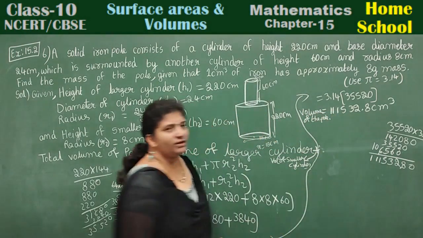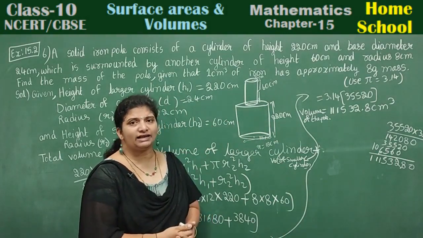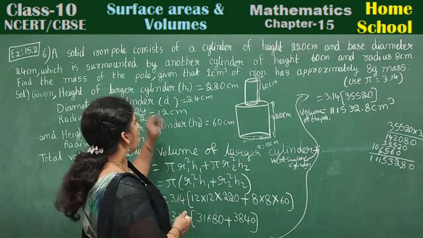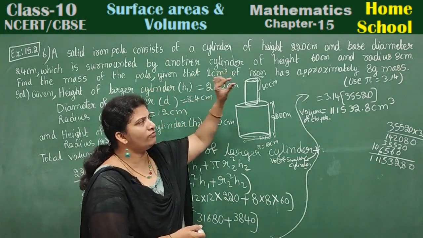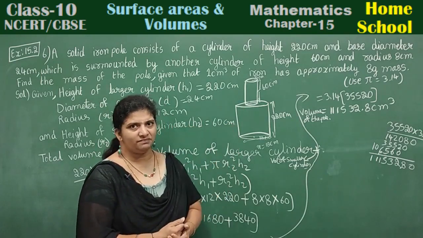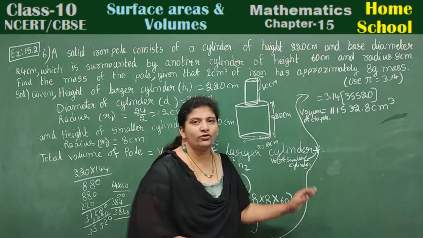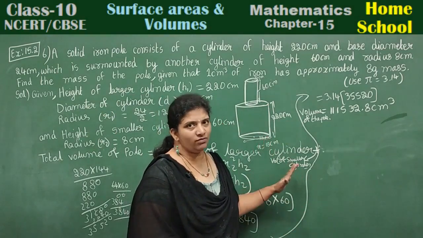Now, is the problem completed? No, it's not completed. Still, we need to calculate something. What is it? 1 cubic centimeter of iron has approximately 8 grams mass. Then what about this volume's mass? We need to calculate the mass of the pole.